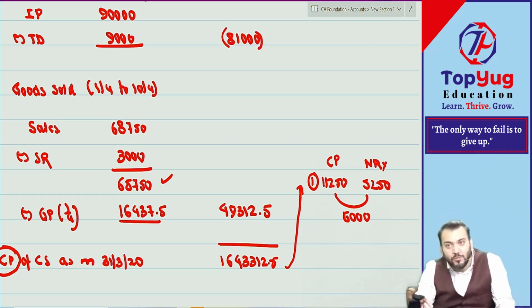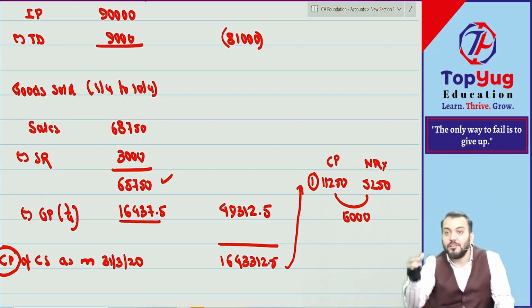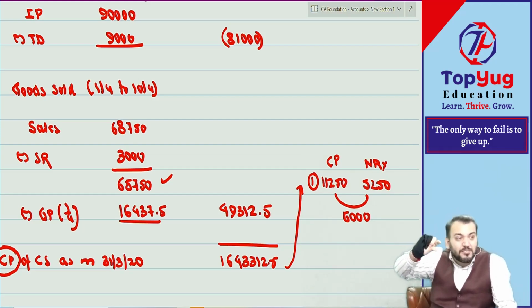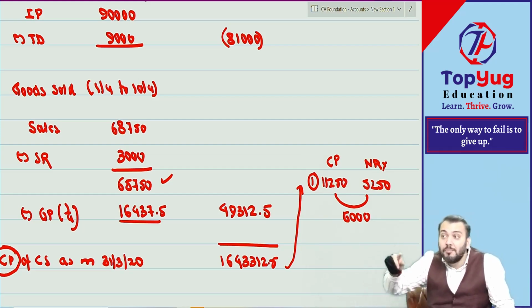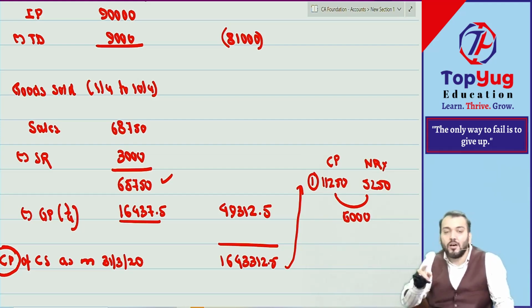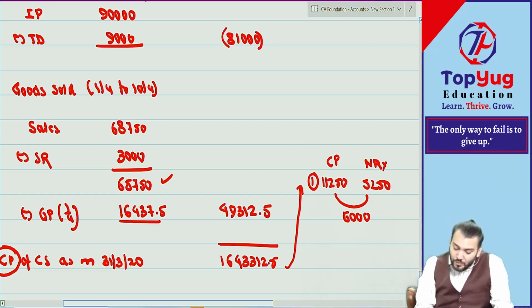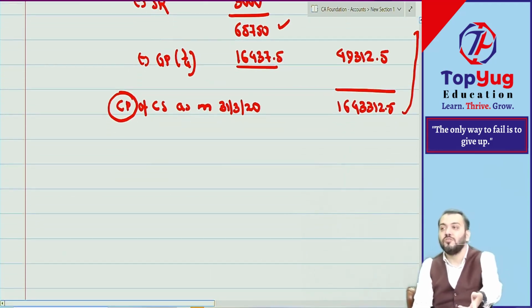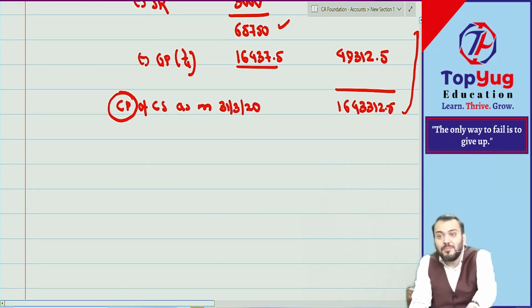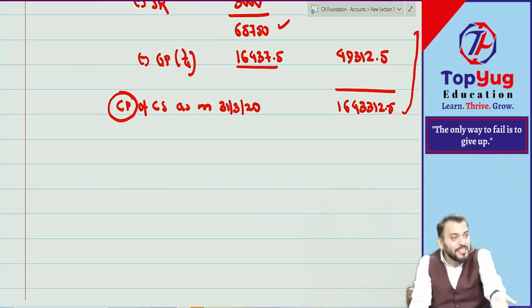Cost is written down to its NRV. So we say it this way: we are writing down the cost to its NRV by 6,000. Understood? Whenever you come across the word written down, it means written down to its NRV.